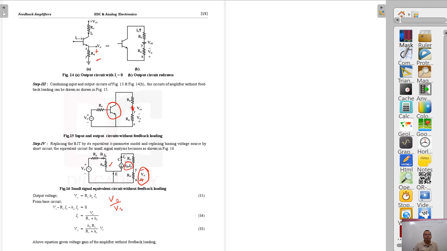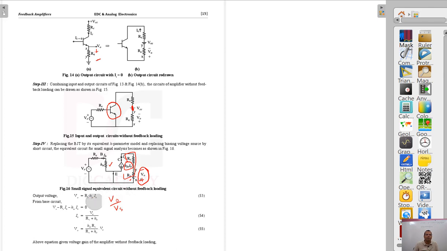The current IC passes through RE, then RC, and comes back this way. So the output voltage will be this resistance RE multiplied by this current, hfe into IB.